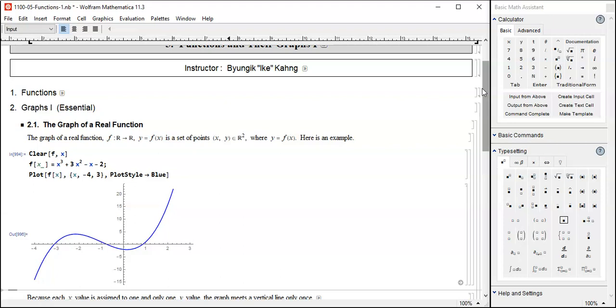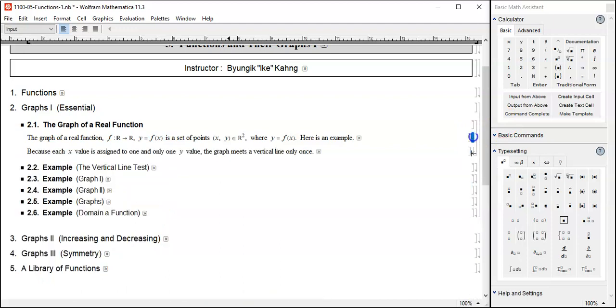And how do we get this graph? The computer selects some millions of x values between -4 and +3, calculates the function values according to this, puts those into y coordinates and then plots those x, y. Then you get this kind of curve.